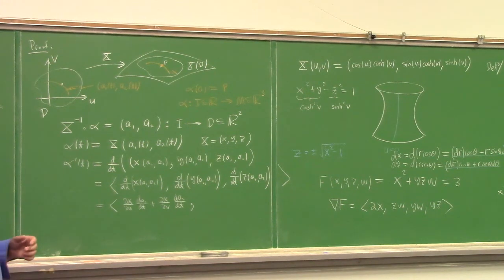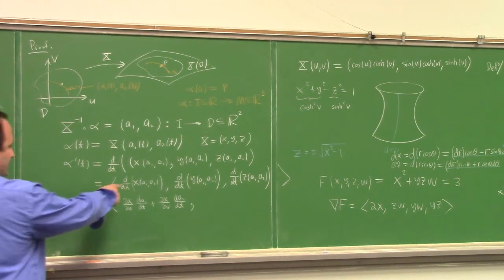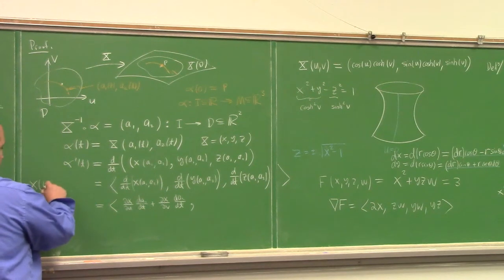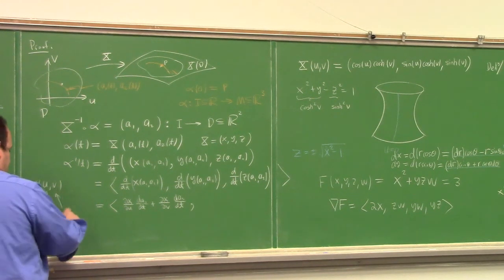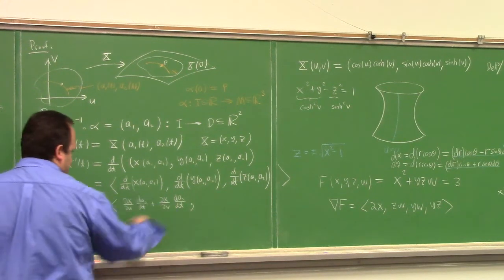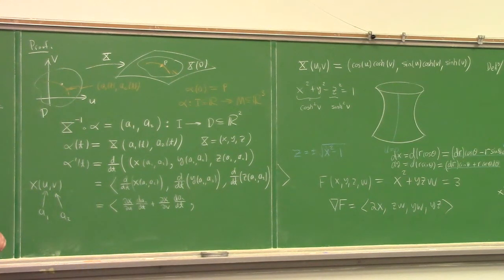Question? So this is like x of uv, but here u is a1 and v is a2, so that's why the chain rule looks like this. But the a1 and a2 are also functions of time t, so this is the chain rule.